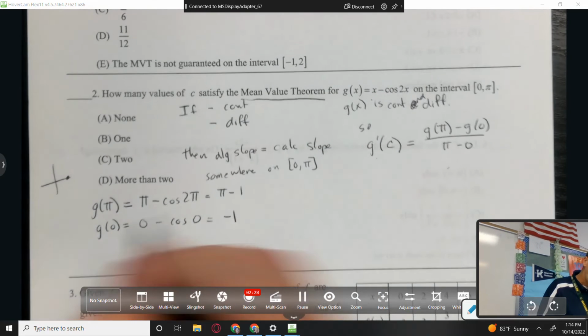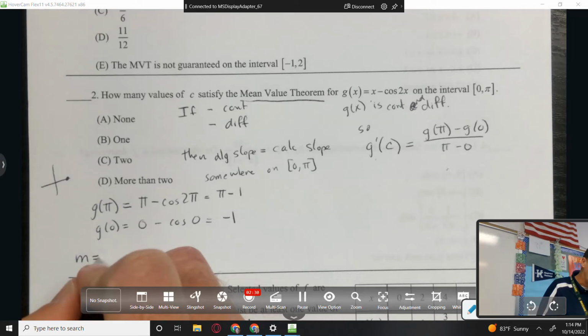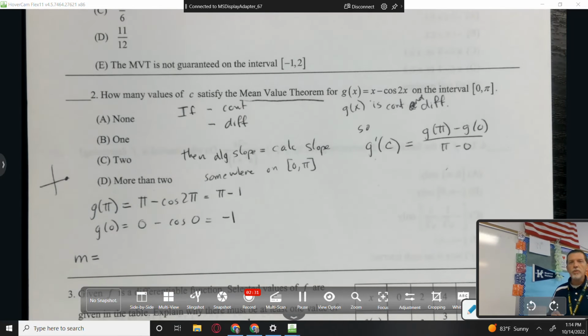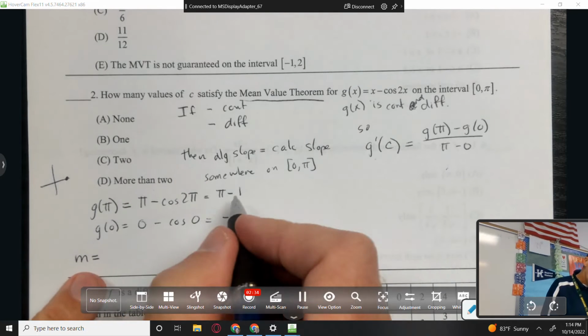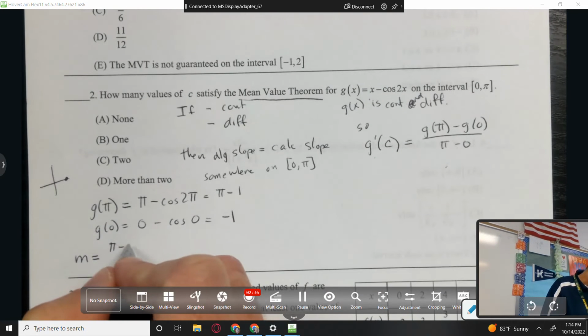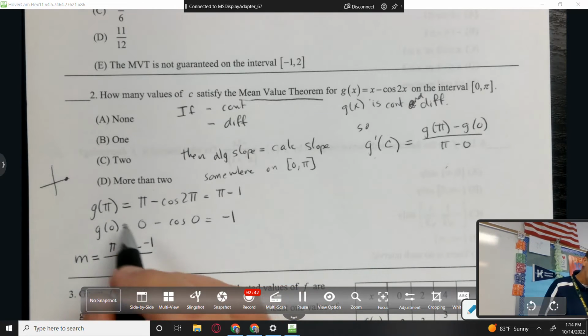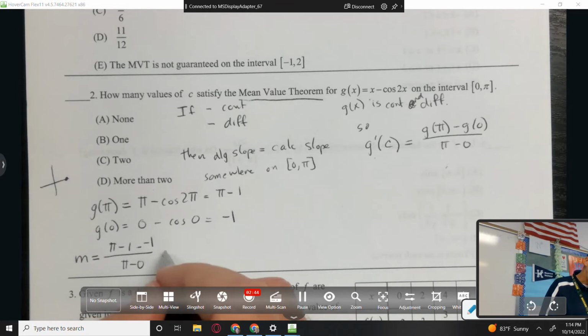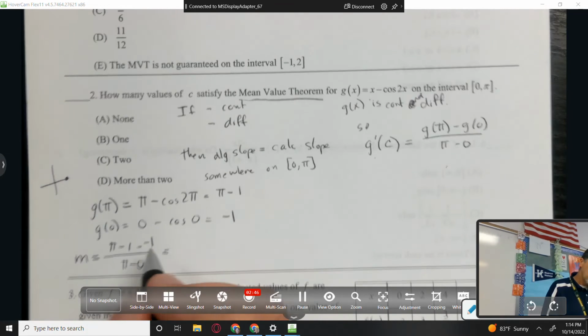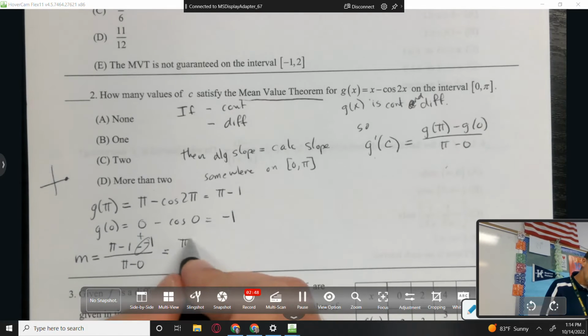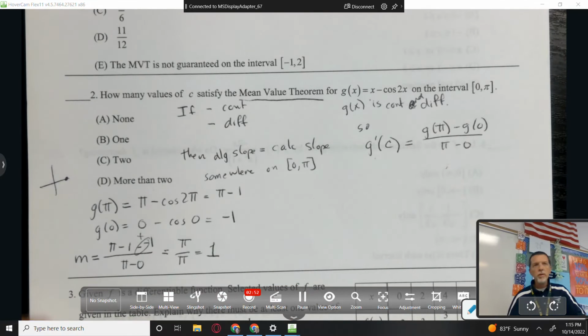So my algebra slope, I'm going to abbreviate it with m because that's what we use in algebra for slope, is pi minus 1 minus negative 1, lots of minuses going on, over pi minus 0. So I end up with algebra slope equals 1.